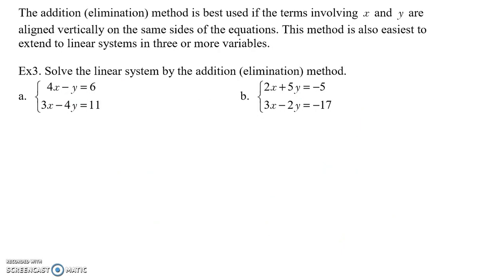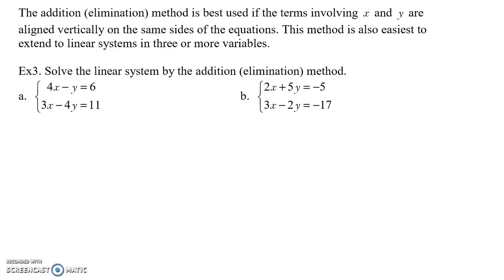The second method of solving a linear system is the addition or elimination method. And this is a more generally useful method than substitution because you can use it for practically any system of equations, a linear system that is.